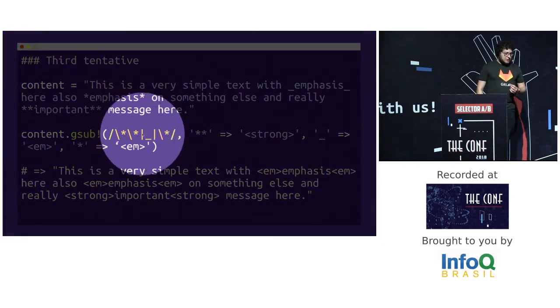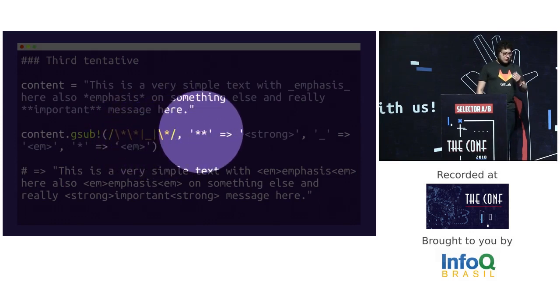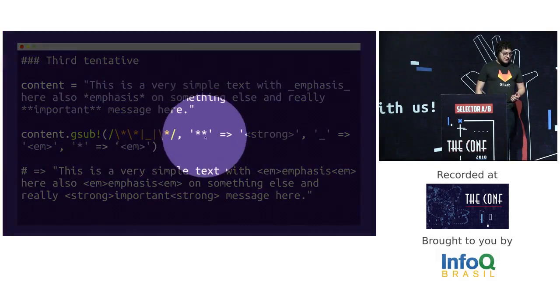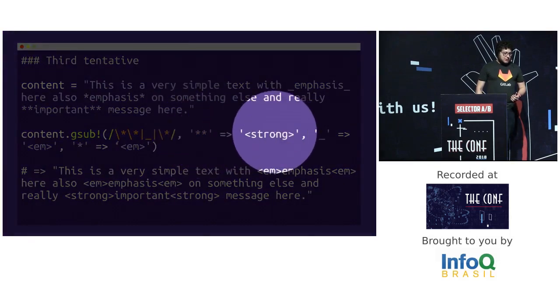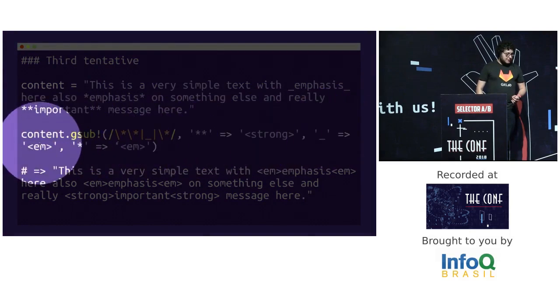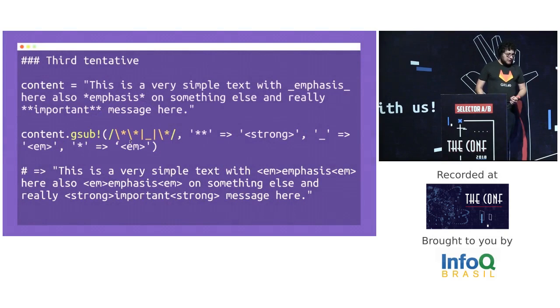We're still looking for the same double asterisk or underline or single asterisk, and using some powerful APIs from Ruby, we are able to say, okay, if you find 2 asterisks, change it to strong. If you find 1 underline, change to emphasis. If you find 1 asterisk, change to emphasis.